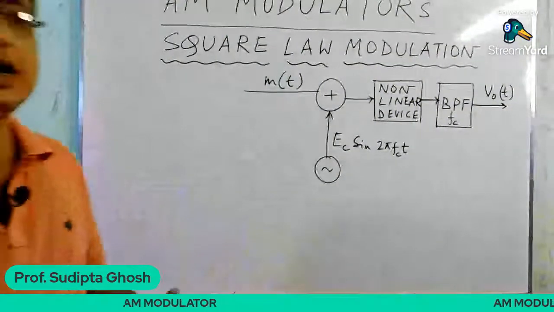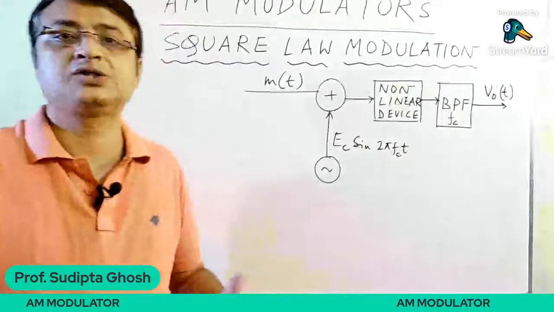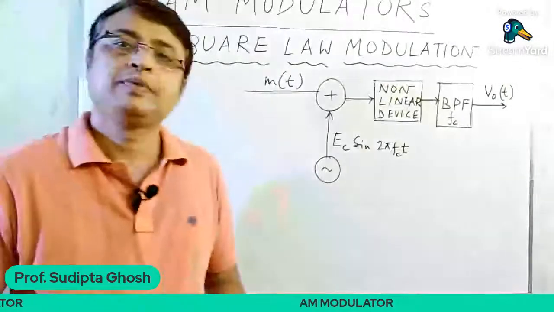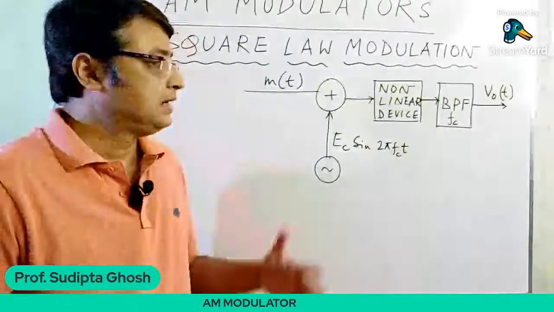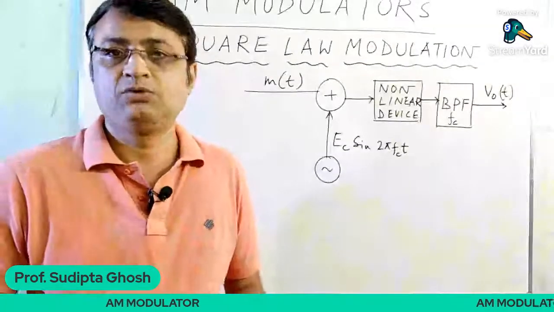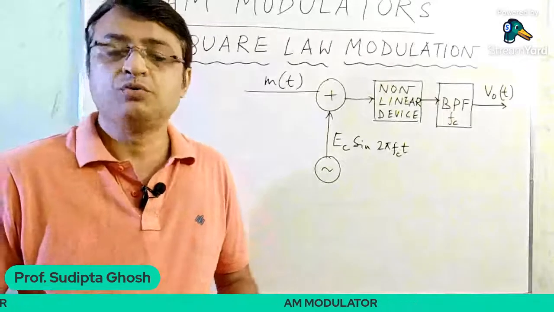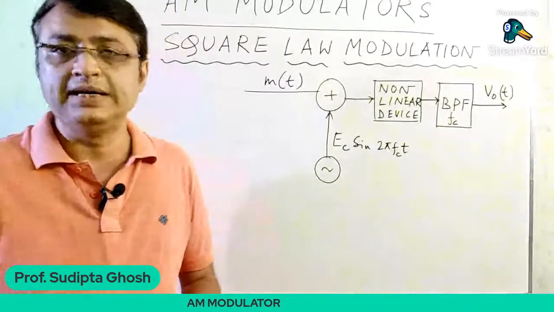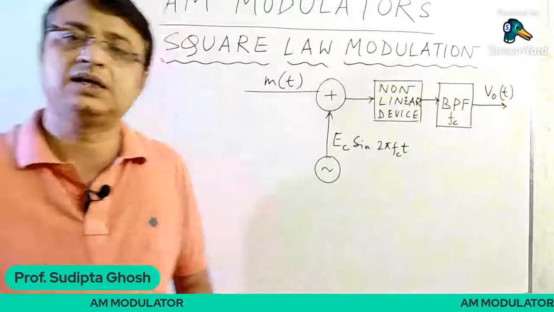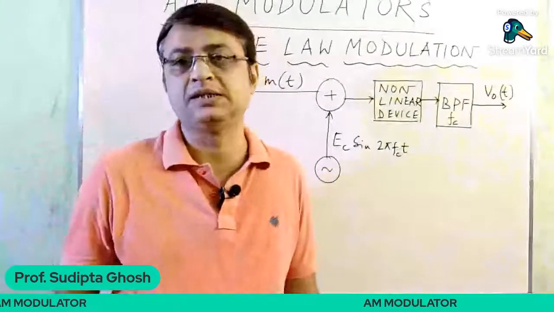So in a square law modulator, we need a nonlinear device, and you can call it a PN junction diode. It may be a transistor, it may be a field effect transistor.